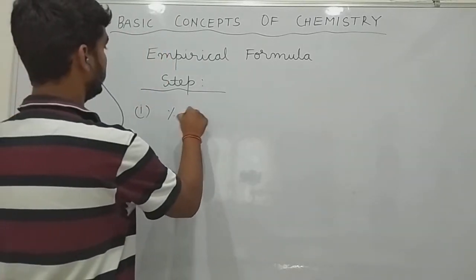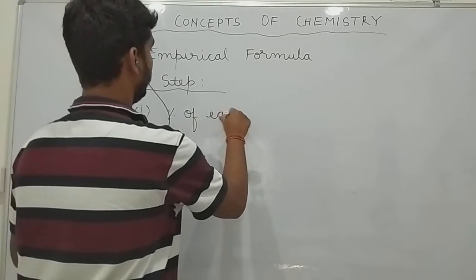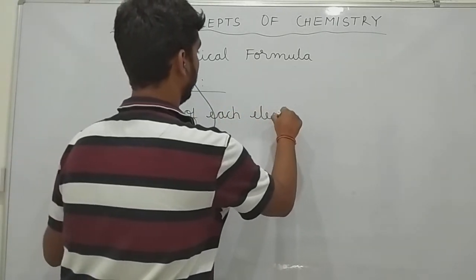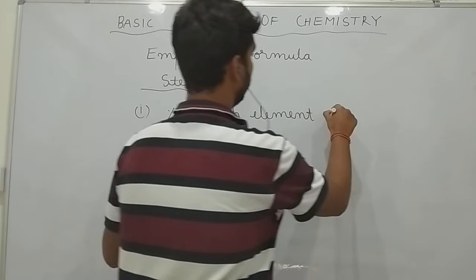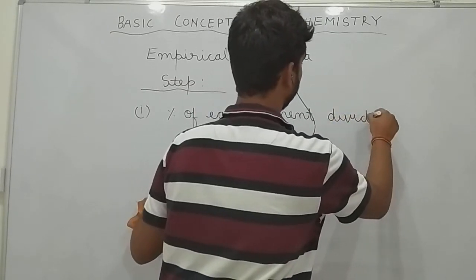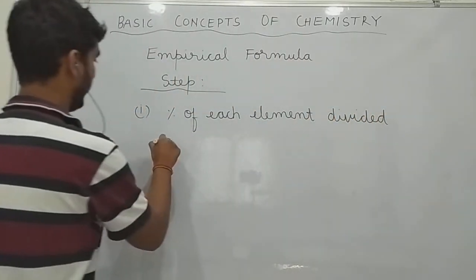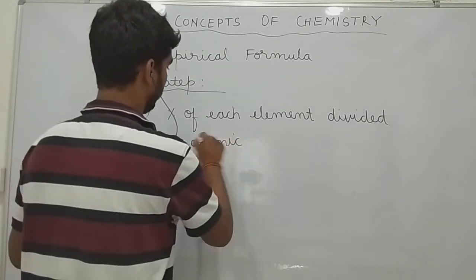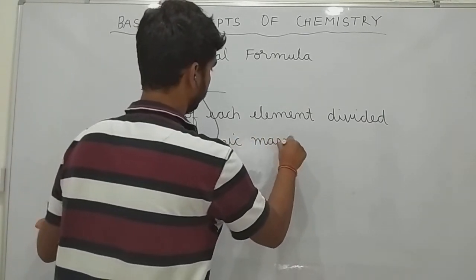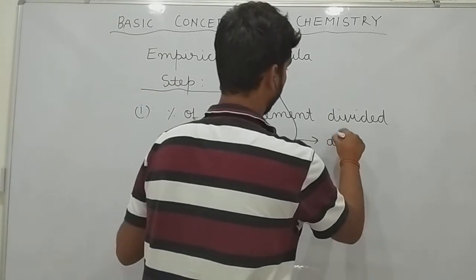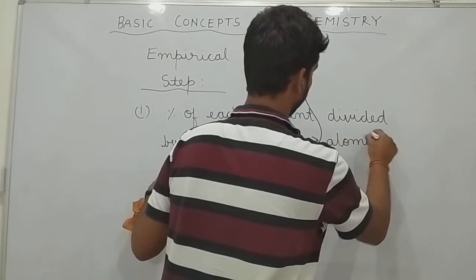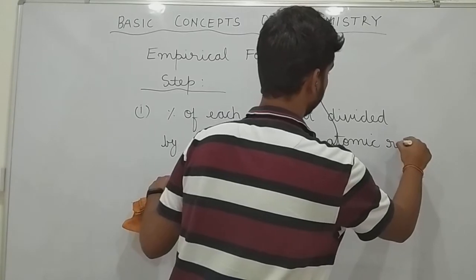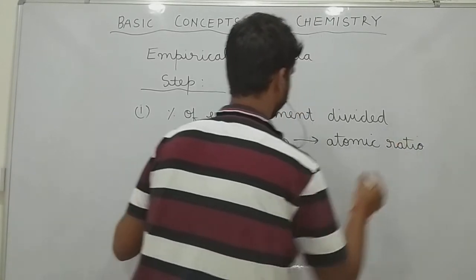So percentage of each element divided by atomic mass to obtain what? Atomic ratio. This is the first step.